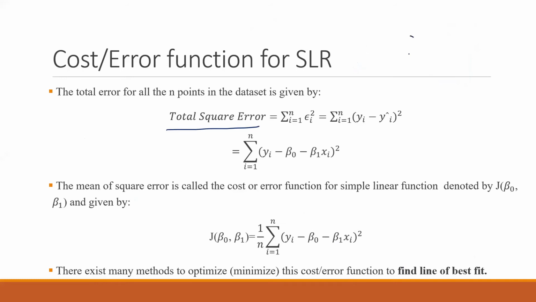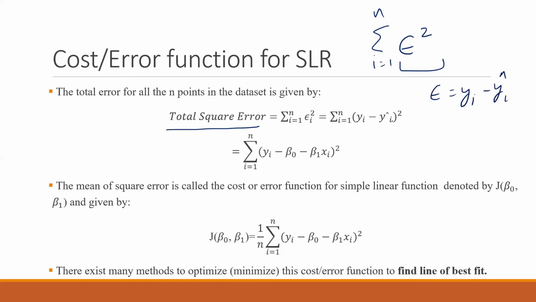It will be epsilon square, with the summation over all the points, i equal to 1 to n. We have to do it for each of the n points. So this will be the equation, and you can substitute that epsilon was yi minus y hat i.